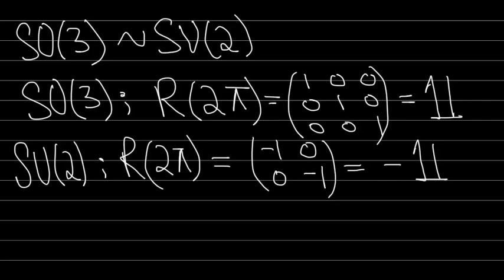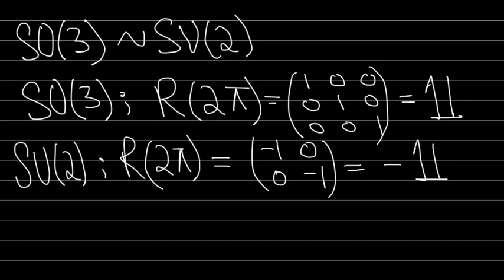Because we came to this idea of spinors from SU2, for a spinor you have to perform a rotation twice to come back to its original position.